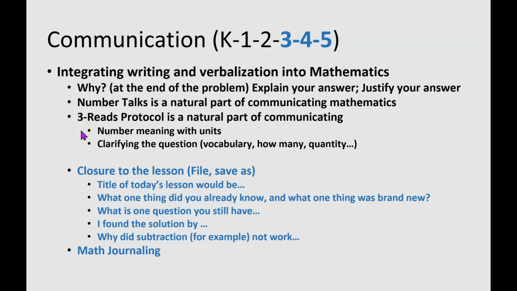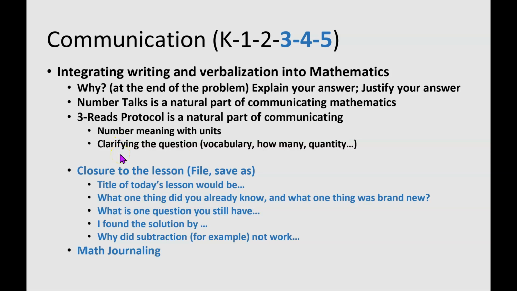The 3 Reads protocol is also a natural part of communicating. First of all, very importantly, we look at the number and we ask them the meaning of those numbers. Like, is it 3 students, 3 dogs, 3 inches, 3 baseballs? We ask them to clarify what the meaning of the number is.